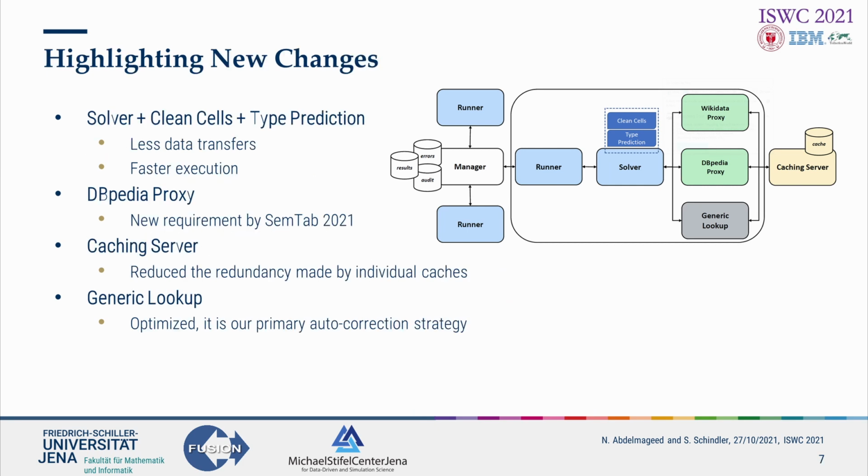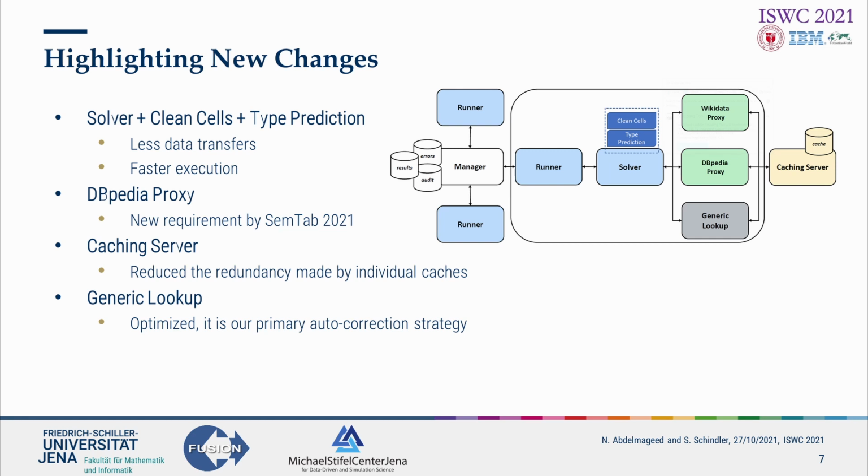In the following, I would highlight the new changes of the architecture compared to last year. We have combined both of solver, clean cells, and the primitive type predictions into one service. Thus, we have reduced the data transfers across services and gained faster execution. We have implemented a new proxy, the DBpedia proxy, since SemTab 2021 asks for annotations from DBpedia.